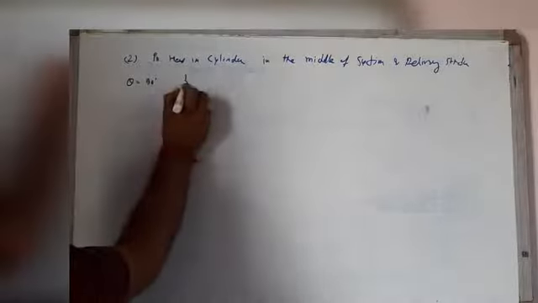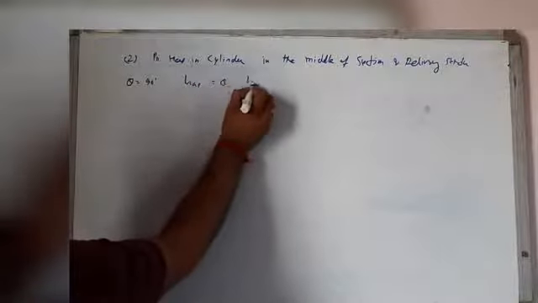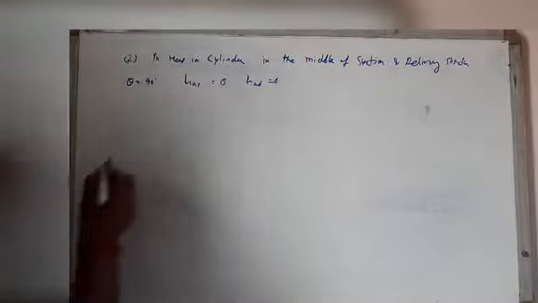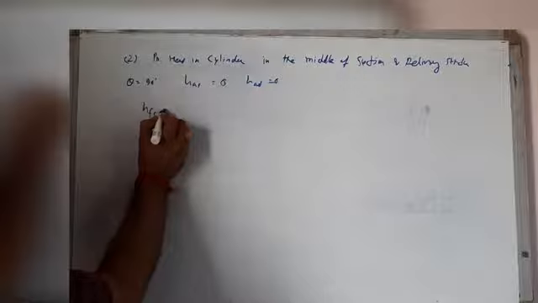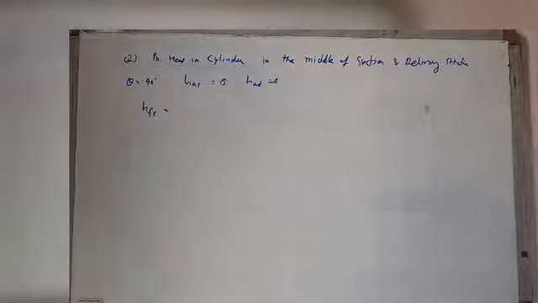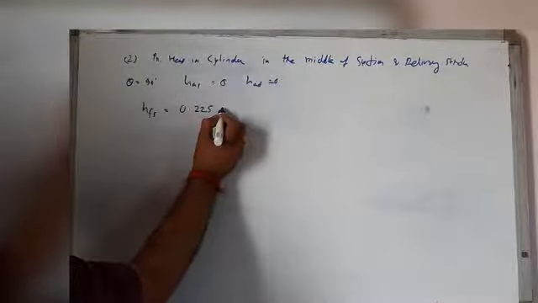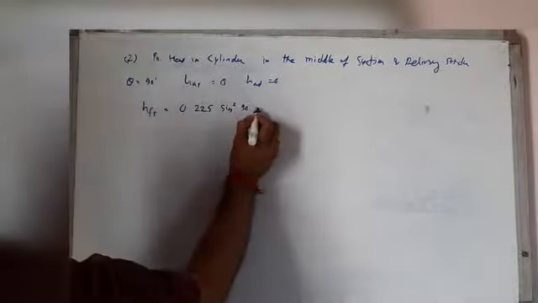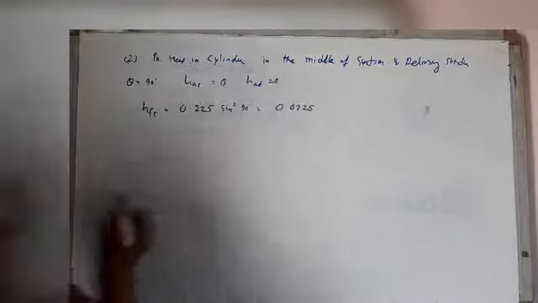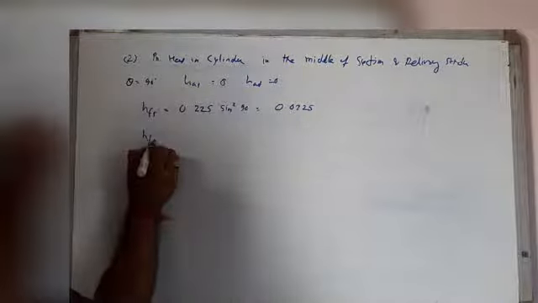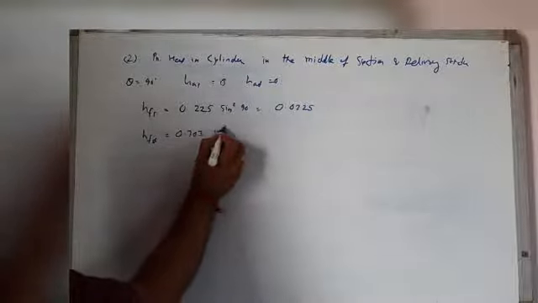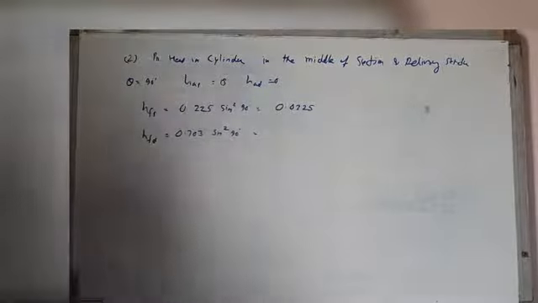So HAS equal to 0, HAD is equal to 0, and HFS is equal to 0.225 sin square 90, that is equal to 0.225, and HFD equal to 0.703 sin square 90. This is equal to 0.703.